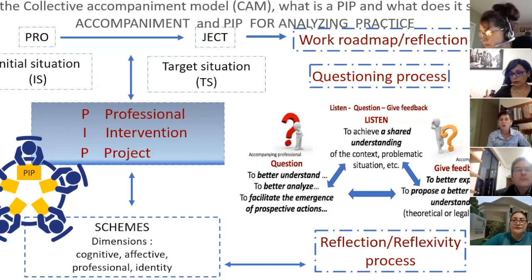Through that reflexivity process, the person will be able to name different dimensions, cognitive, affective, professional shames, and also develop her or his own professional identity. The PIP is used in a group dynamic. Each person sitting at a table has their own PIP and will explain what they're living in their classroom, for example, and we will be questioning that PIP to make sure that person can take the step back. Now, let's look at how we can question this PIP.